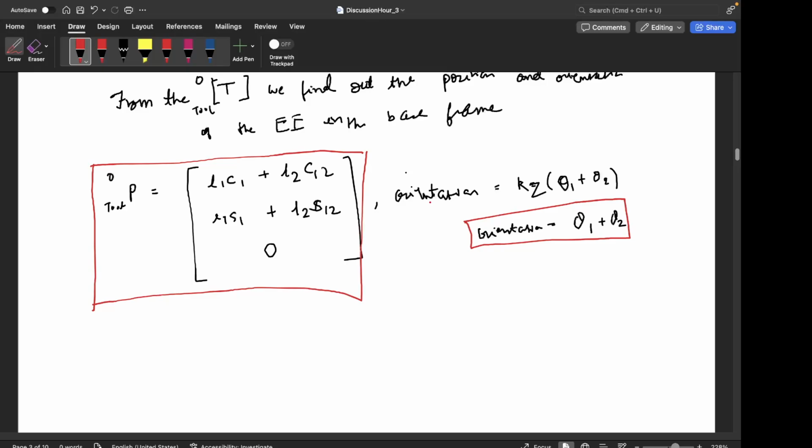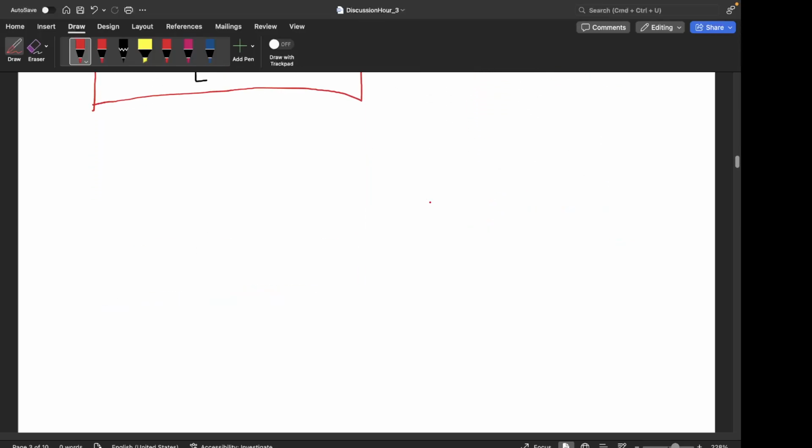You write the DH parameters, you write the transformation matrices, and then after that you multiply them in sequence and you get the forward kinematics of your point of interest in the base frame, or in fact you can write it in any other frame as well. Now moving ahead, the next is the inverse kinematics.